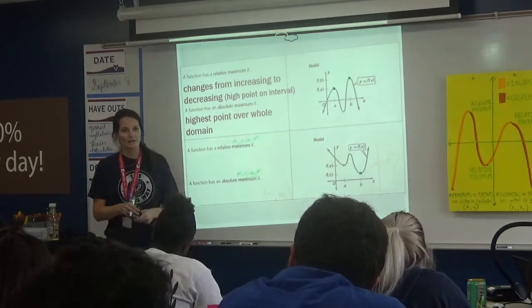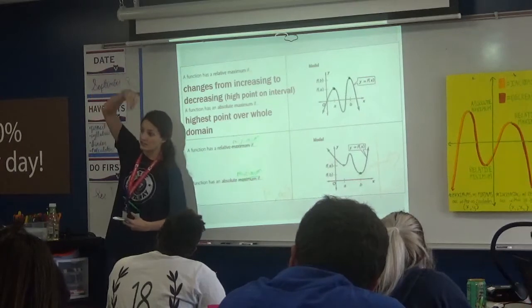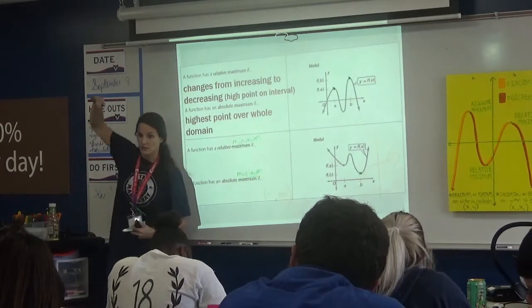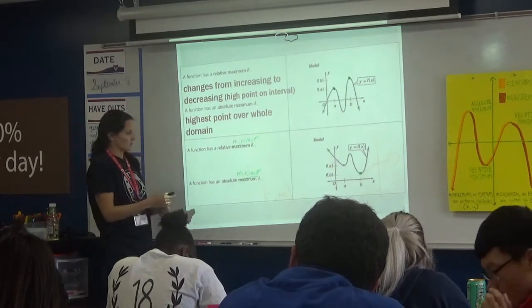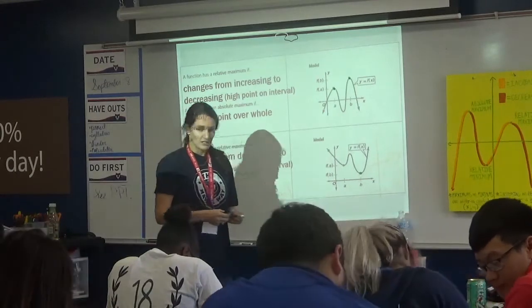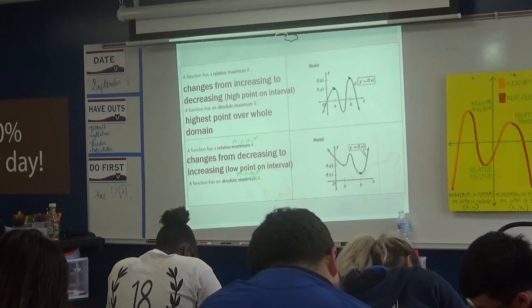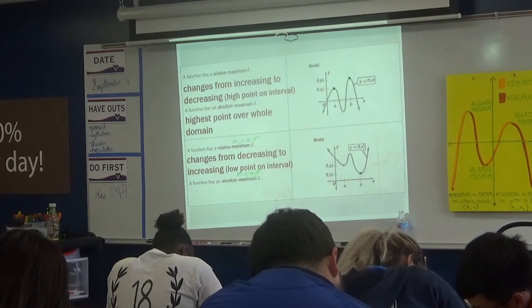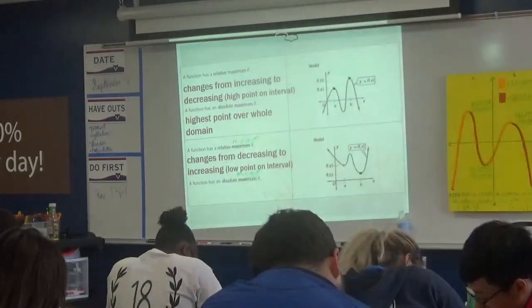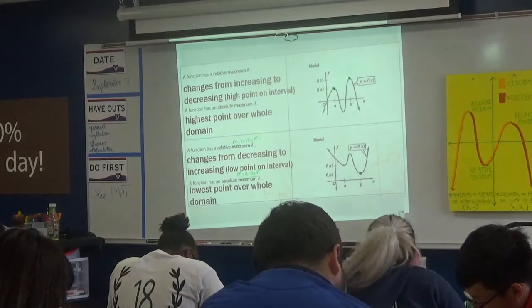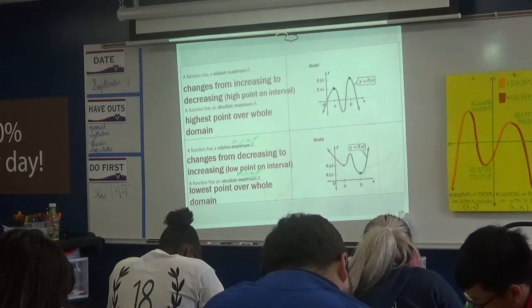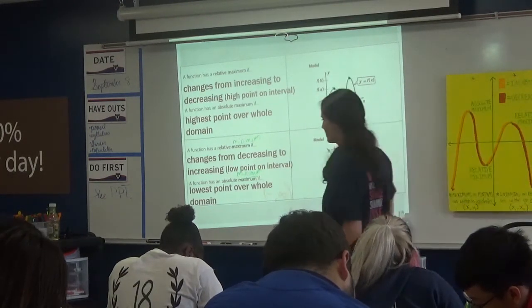Minimums go not from increasing to decreasing, it's going to go from decreasing to increasing to give us a low point. And then the absolute minimum is the lowest of all the low points.